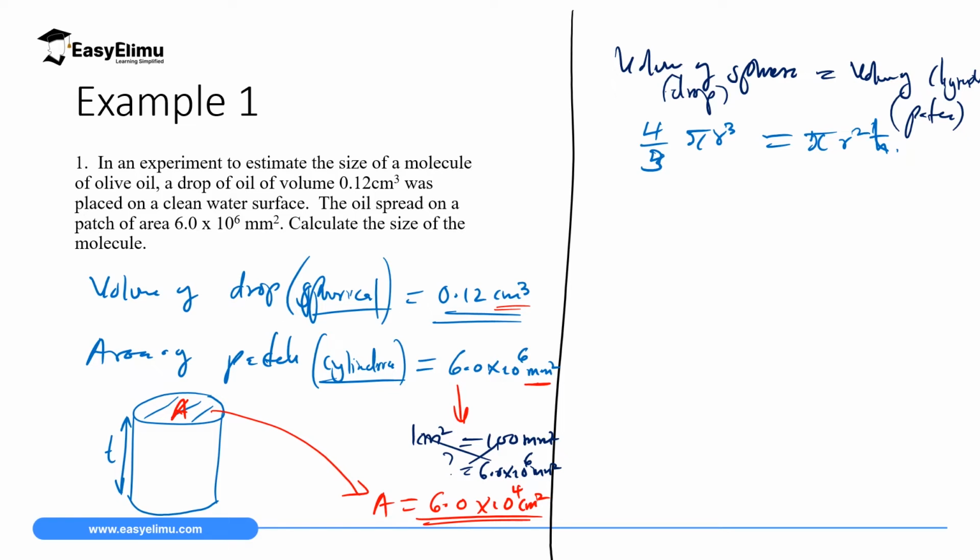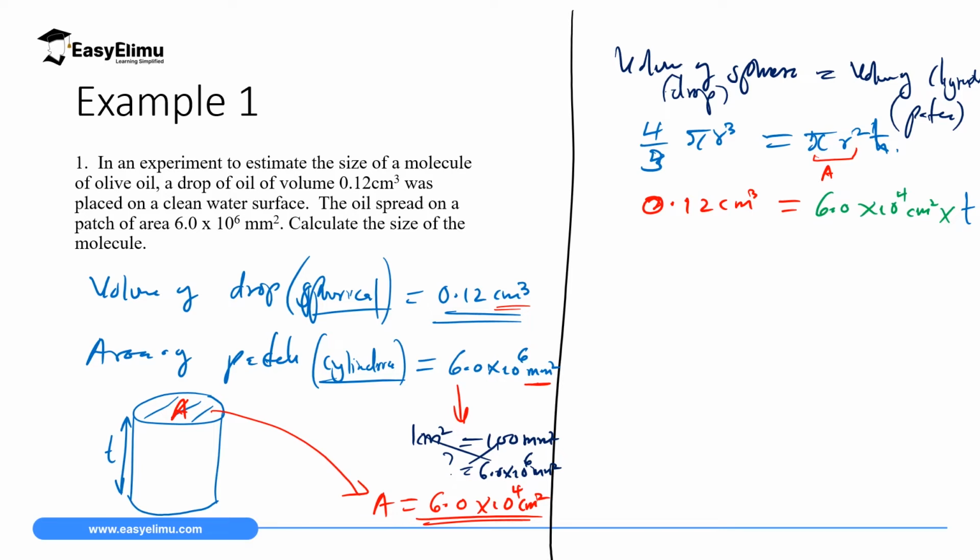But in this case, we are given the volume of this drop, which is 0.12 cubic centimeter, which is the same as pi r squared, which is the area. We are given the area as 6.0 times 10 raised to power 4 square centimeter, times T. We are looking for this T, the thickness of that oil molecule.